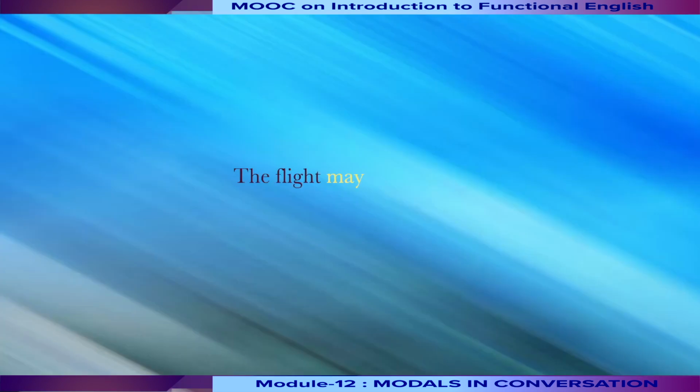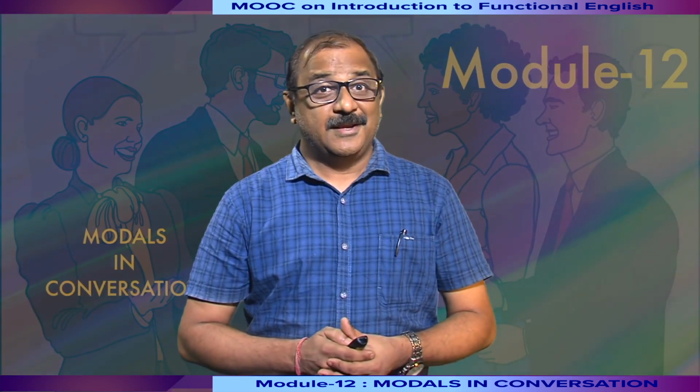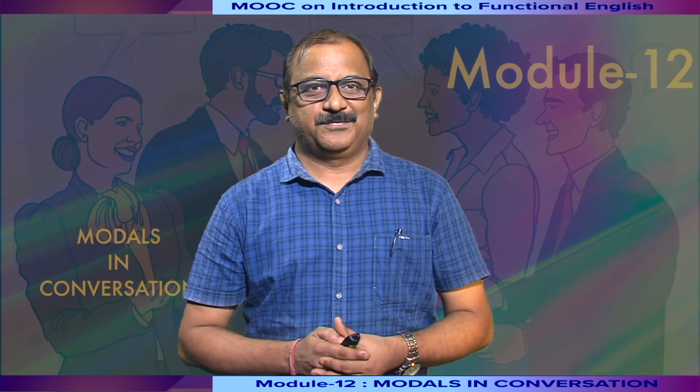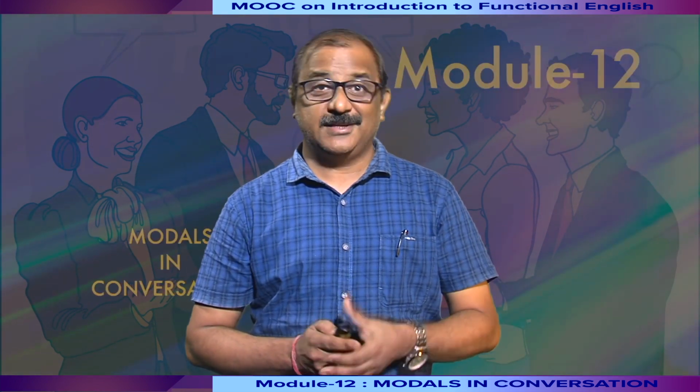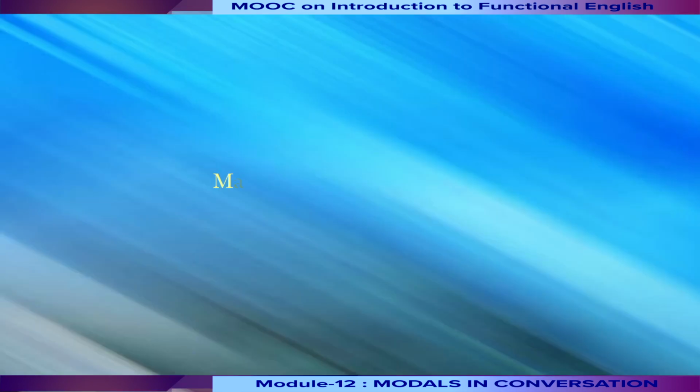Okay, the flight may be delayed, the train may be late. Okay, these all express what? Possibility. Making a request. Okay, there are other modals also which are used to make requests. May is also used to make a request. May I know the time, please? May is used to make a request.